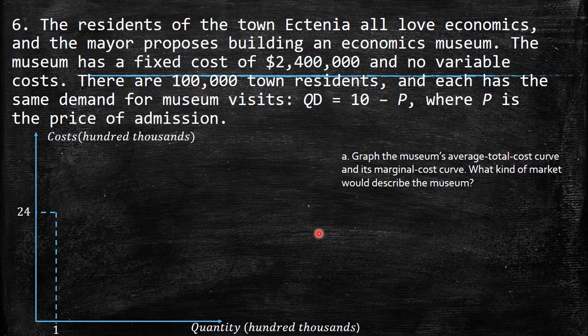For example, if you have one quantity, the average total cost is going to be 24 over 1. Then if you sell two, this 24 over 2 is going to be 12.